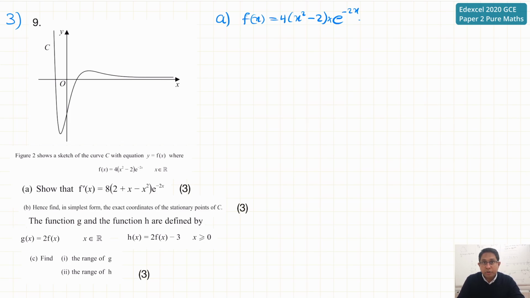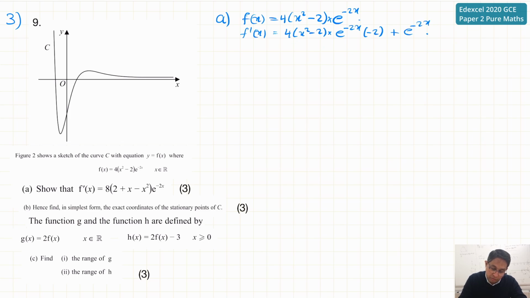Therefore, you have to use the product rule to find the derivative of f(x). f'(x) equals (4x^2 - 2) times the derivative of e^(-2x), that's e^(-2x) times -2, plus e^(-2x).